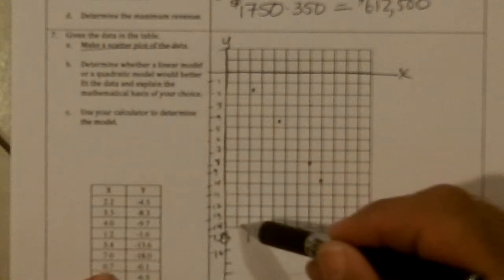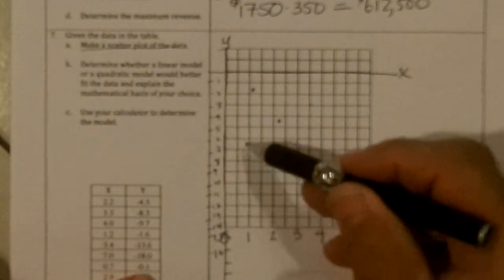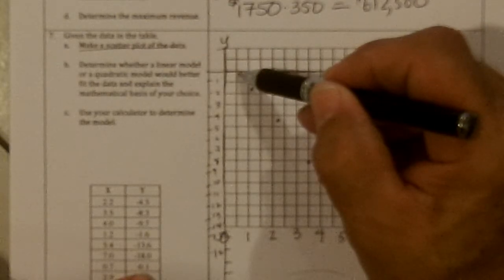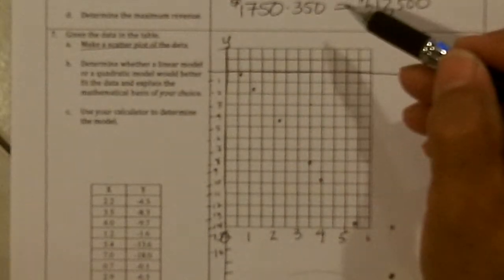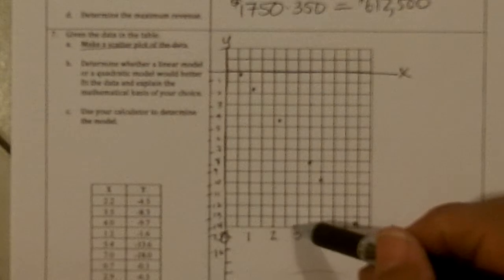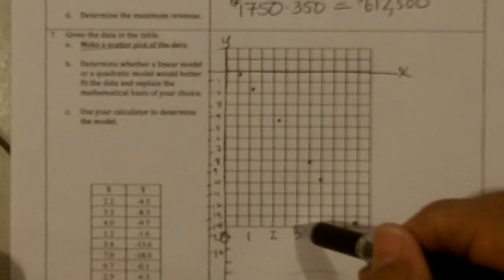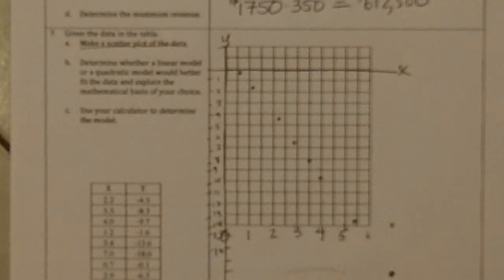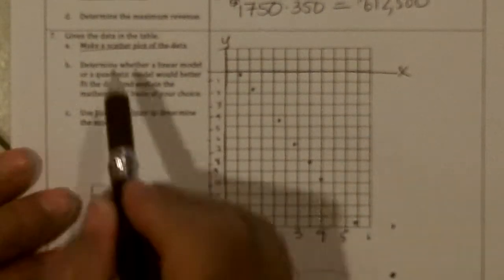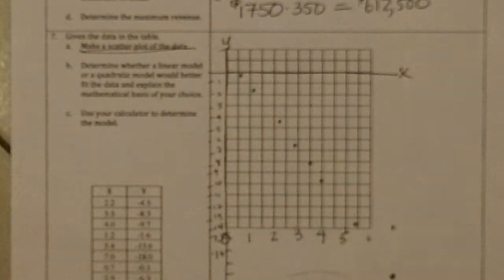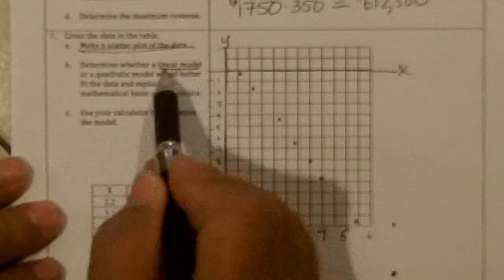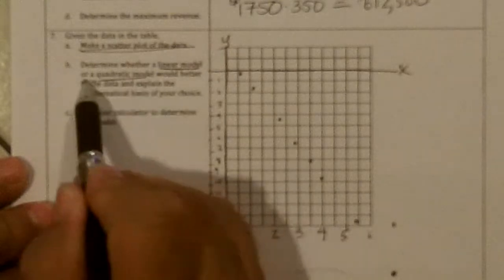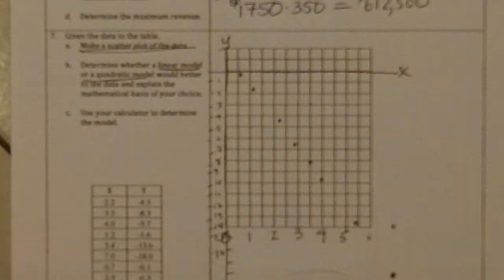At 0.7, it's at negative 0.1, which would be right about there. And 2.9, it's at negative 6.5, which is about there. Okay, I made the scatter plot. Determine whether a linear model or a quadratic model would better fit this.